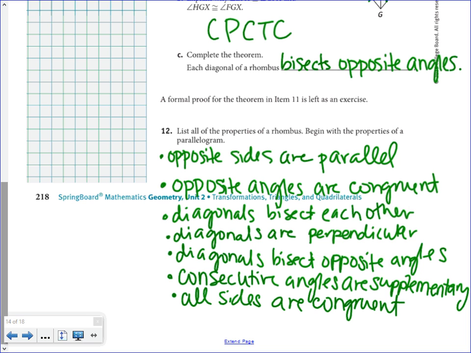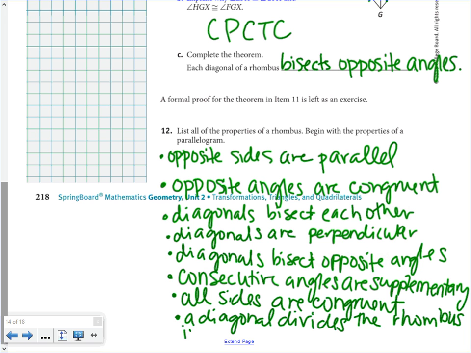And the last thing that we know is that a diagonal divides the rhombus into two congruent triangles.